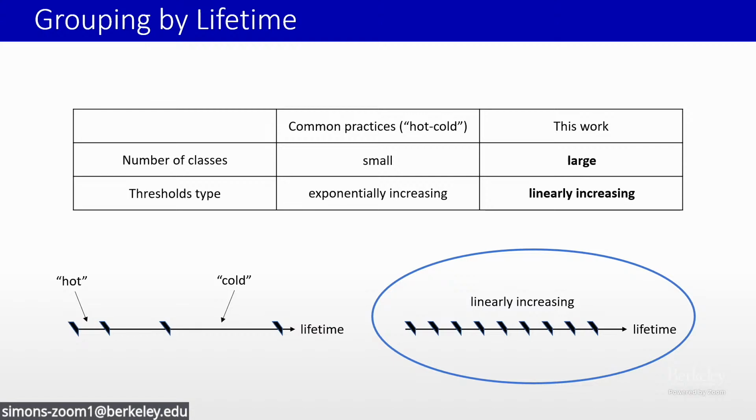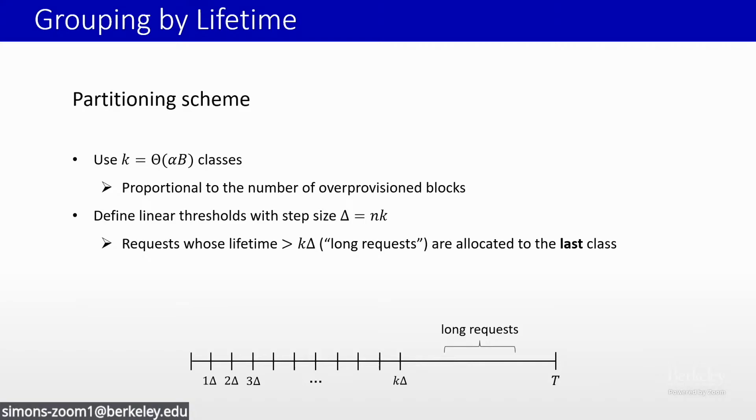What we were doing is a large number of classes which are linearly increasing, so the lifetime classes are delta, 2 delta, 3 delta, etc., up to k delta. K is, remember, the number of the spare factor alpha B, and then all of the other requests we just batch together here, and we call this the last class.